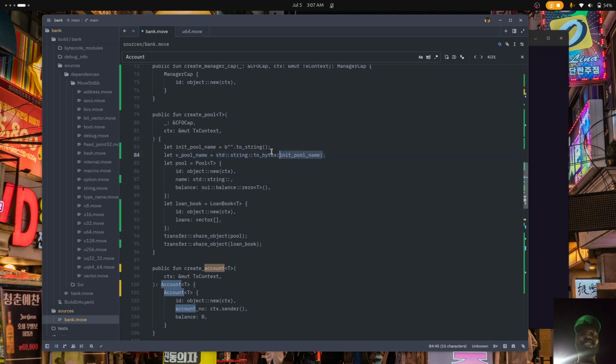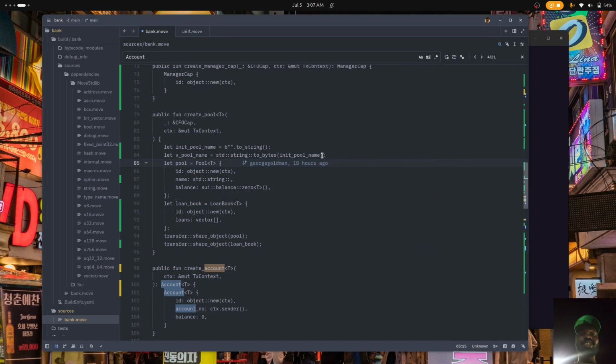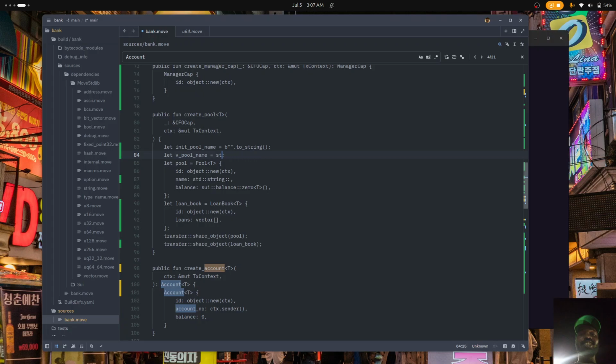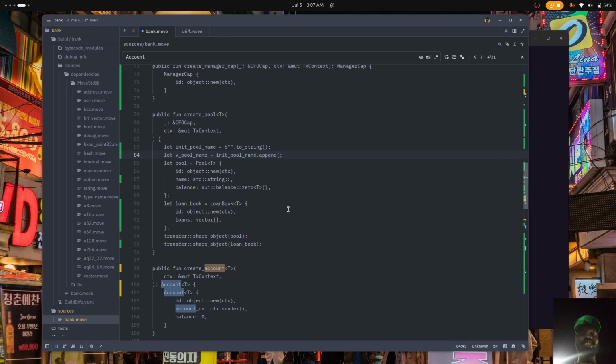Not that way. Take this off. Excuse me. So I put append. So I take this guy here, just this way, append. So append. Got it now.